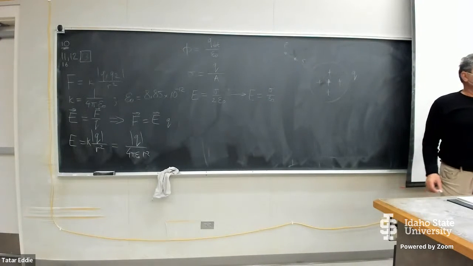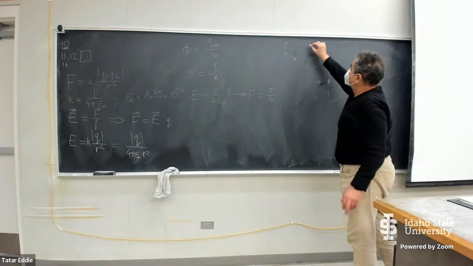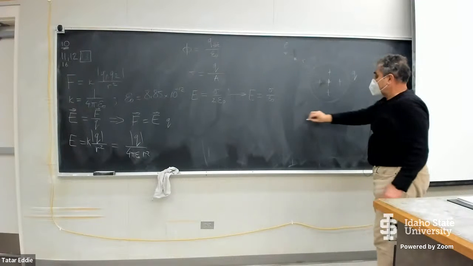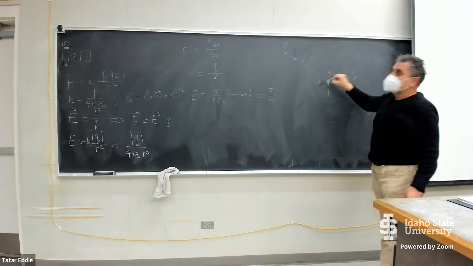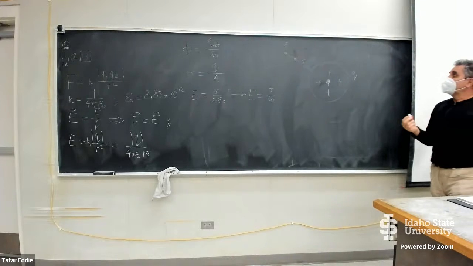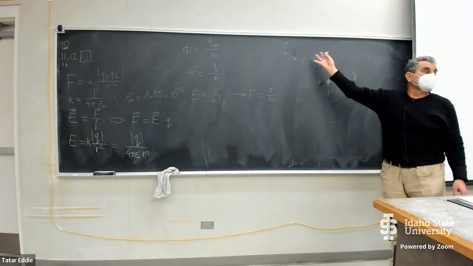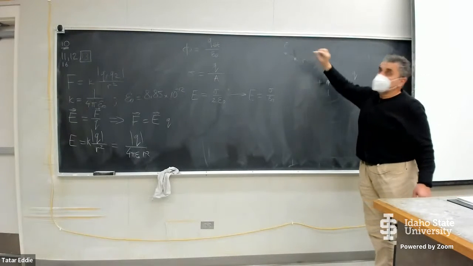Well, after that, imagine a spherical Gaussian surface. Imaginary spherical Gaussian surface with center at the charged sphere. So a concentric Gaussian surface, imaginary, with radius r.